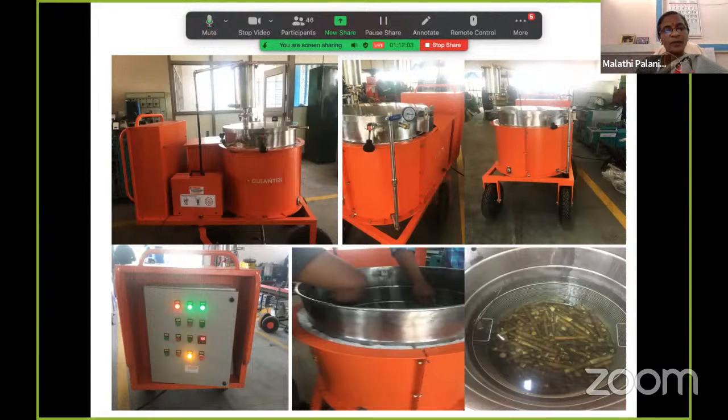It is under process. We are validating this unit for field application as well as for regenerating varieties to avoid non-fungal diseases also. Further it will be developed and commercialized. Thank you.